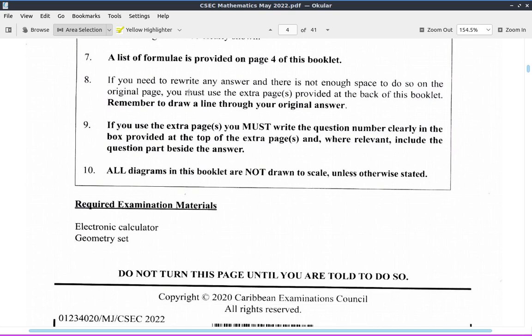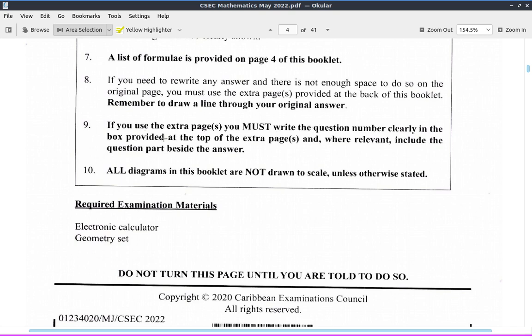If you need to rewrite any answer and there is not enough space to do so on the original page, you must use the extra pages provided at the back of this booklet. Right? Remember to draw a line through your original answer if you are omitting it.